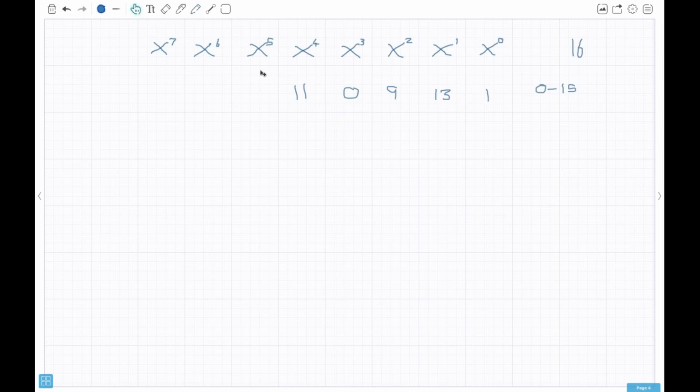So basically what we're talking about, let me just move these down 1. This is going to be, remember, anything to base 0 is 1. And then the base 1 is the base itself. And 16 times 16.